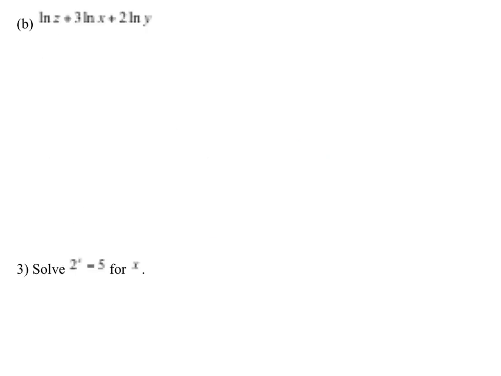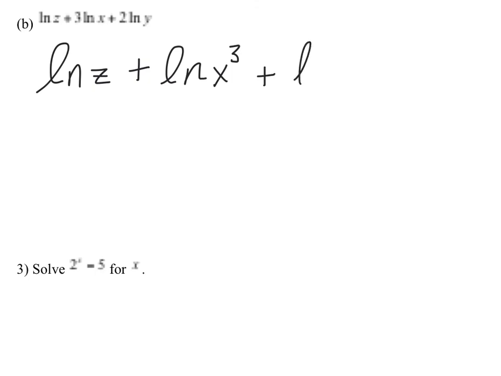All right, for the next problem, we're condensing this natural log into one log. So let's rewrite the first part of our equation. So we're going to write ln of z plus, and I'm going to rewrite this ln x to the 3rd power, and then ln y squared.